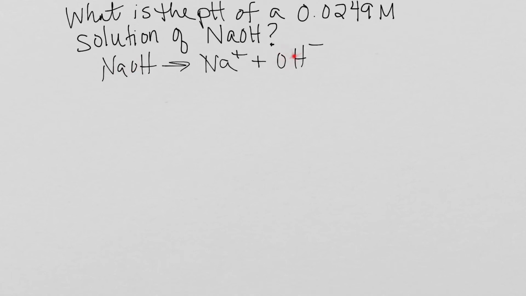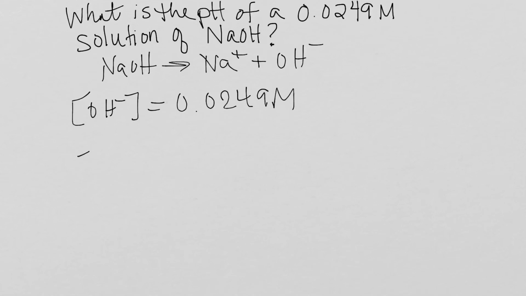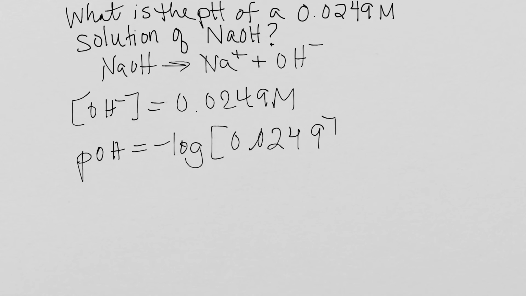So it's a 1-to-1 ratio, which means that my hydroxide ion concentration is going to be the same as my sodium hydroxide. So I can find my pOH by taking the negative log of 0.0429.